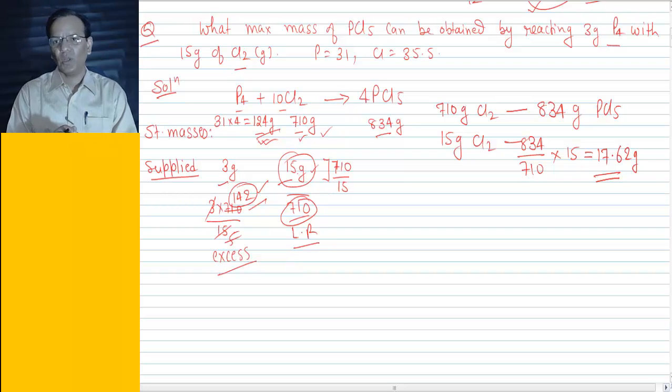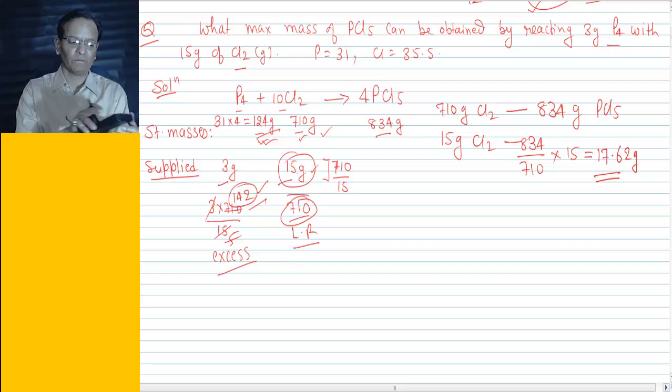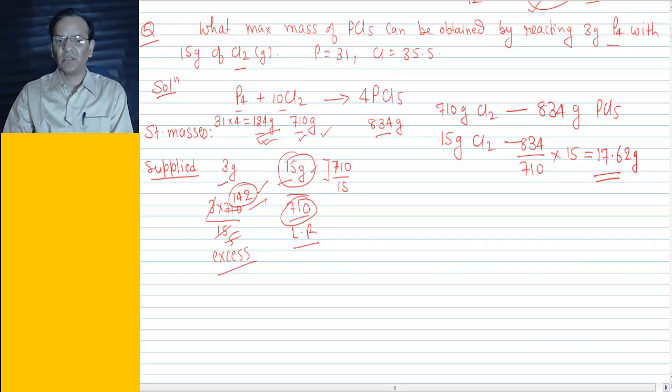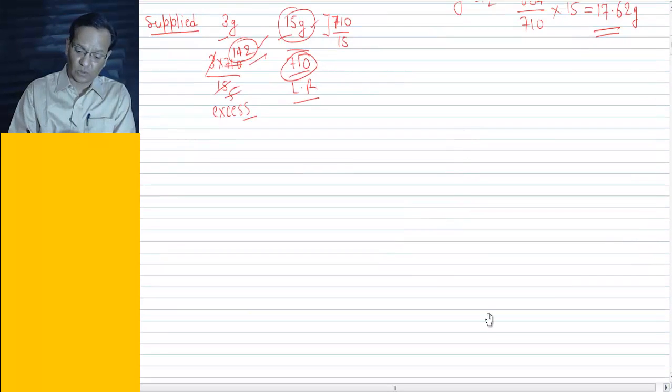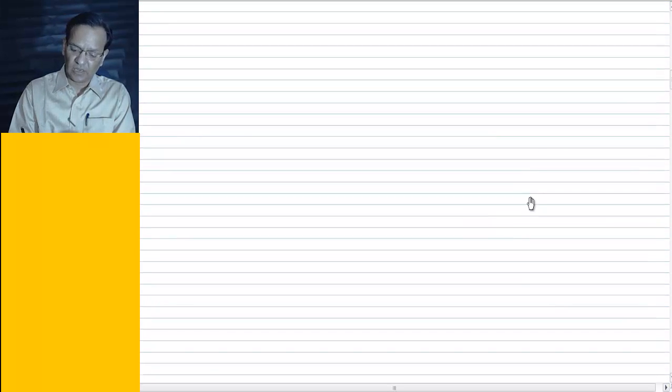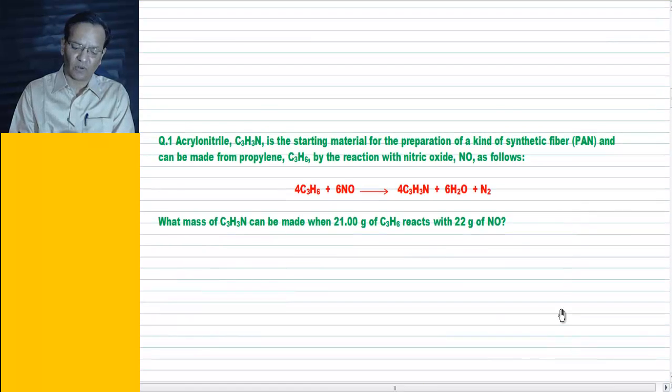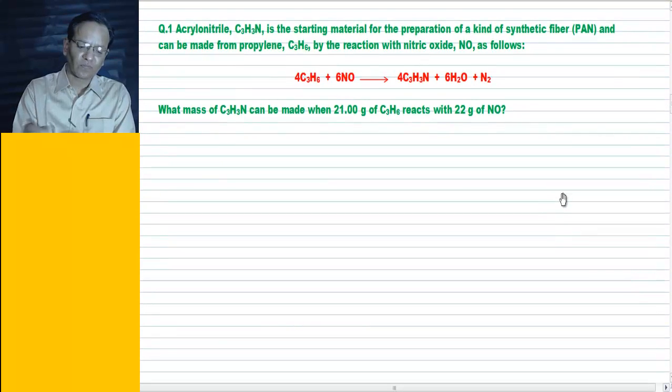Everywhere we need to do a stoichiometric calculation, we first need to know which is the limiting reactant so that the mass of product can be determined accordingly. So some practice is required. So I'm going to do some more practice on limiting reactants. So let us see some problems based on limiting reactant.